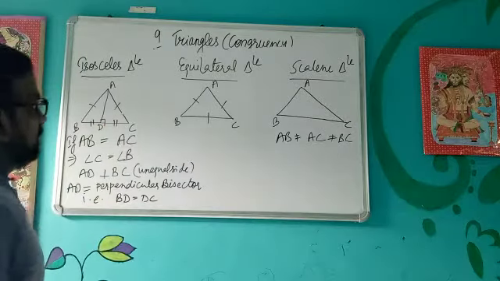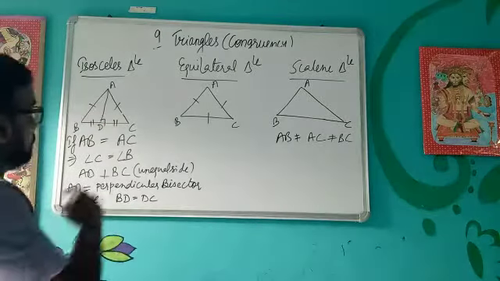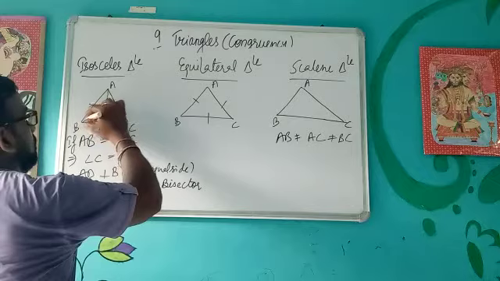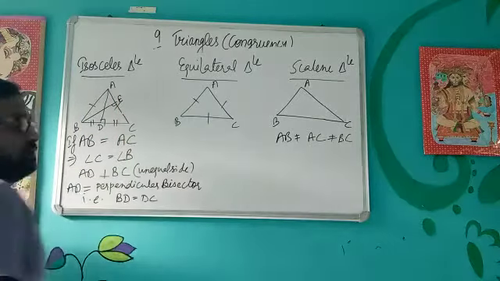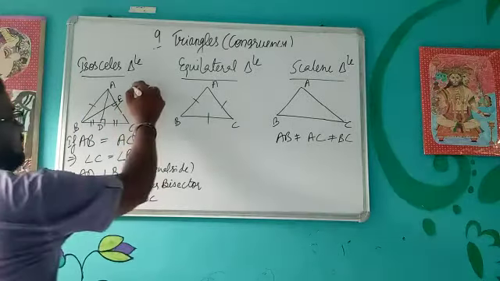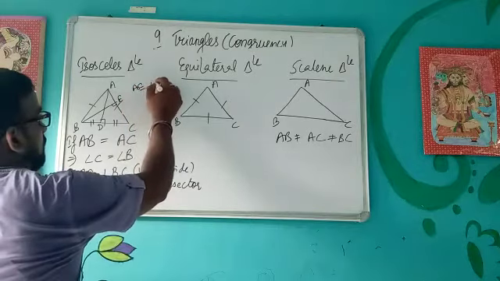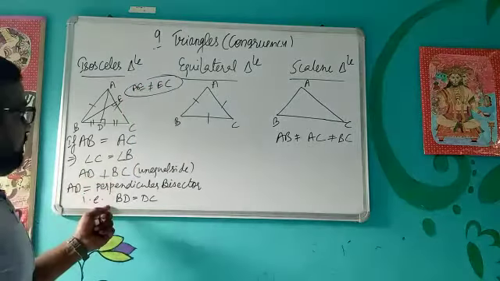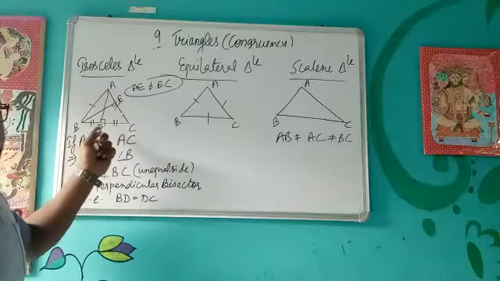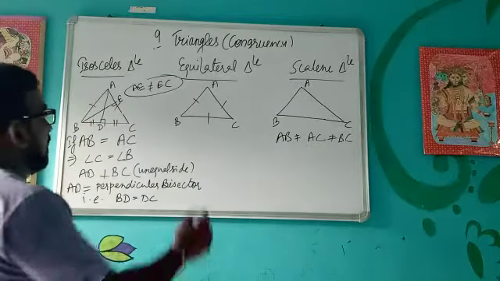Remember this. Okay, and now do not get confused. Suppose you drop a perpendicular from B to the equal side, then AE is not equal to EC. Okay, it is only applicable whenever you drop a perpendicular to the unequal side.